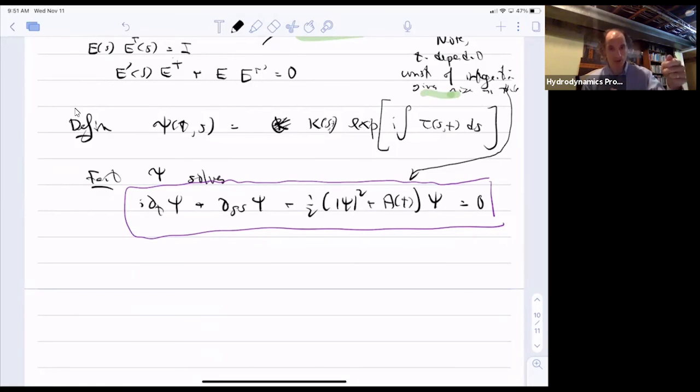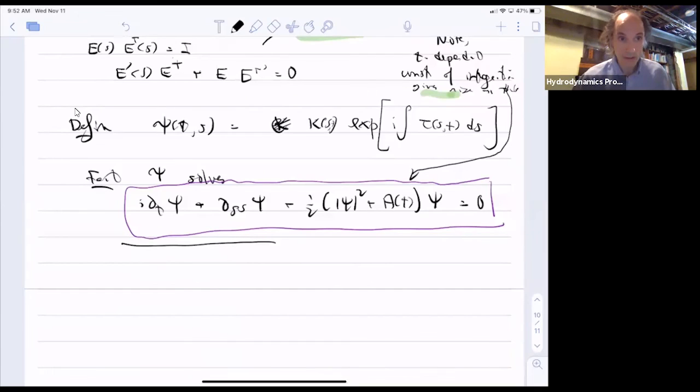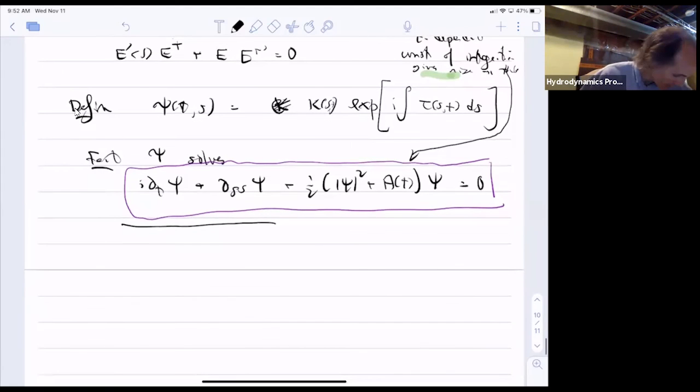You can construct solutions of the geometric flow from solutions of the NLS. Okay, and what else? Here are some other properties.